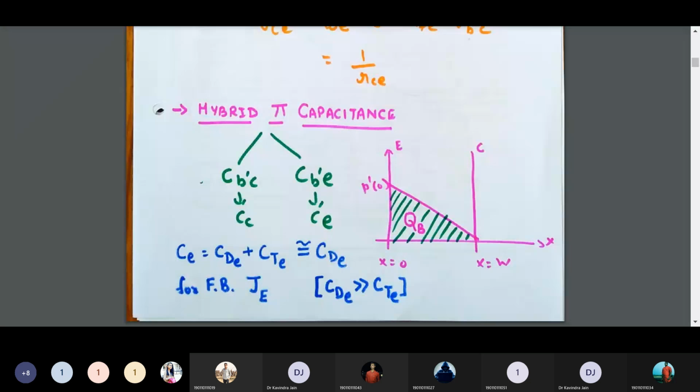Now, the meaning of this particular graph is that P dash 0 is varying almost linearly from P dash 0 to the 0 point, from top to bottom with a linear line, as you can see. So what we are going to discuss today first, as the figure suggests, is basically the minority carriers charge distribution in the base region. The figure gives the injected hole concentration.